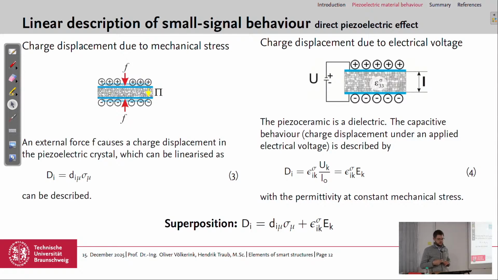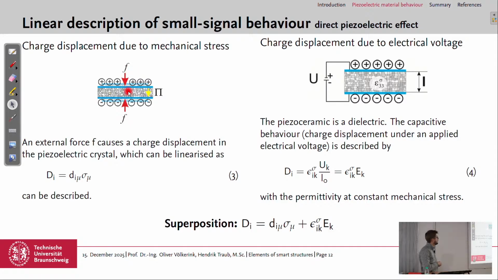Okay, then we can do the same for the direct piezoelectric effect, where we have the electric displacement D, and this electric displacement can be caused by a mechanical stress, or here a force applied.